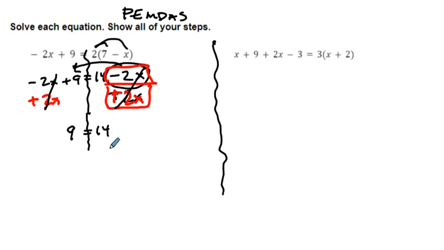And so when you get that case, that is a case where there is no solution. That means that there is no x value that you can put in that is going to satisfy this equation and make it come true. There's nothing. So you just go no solution.